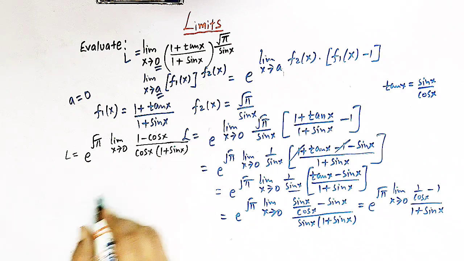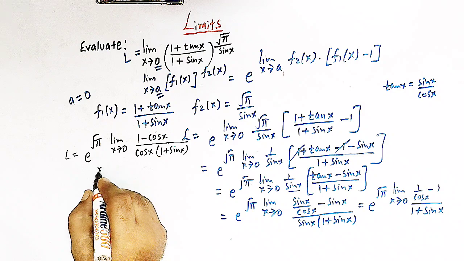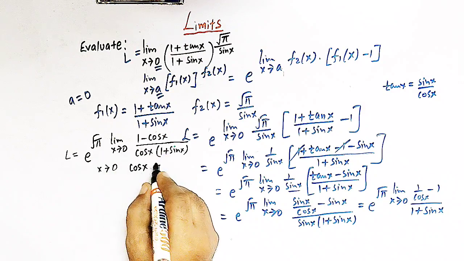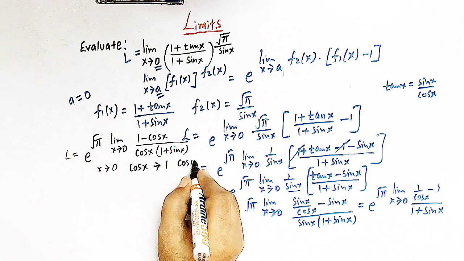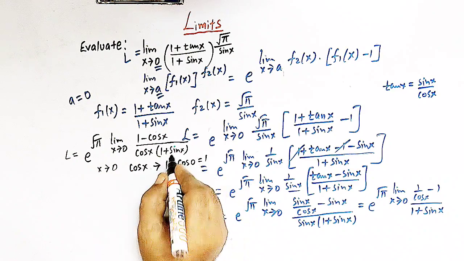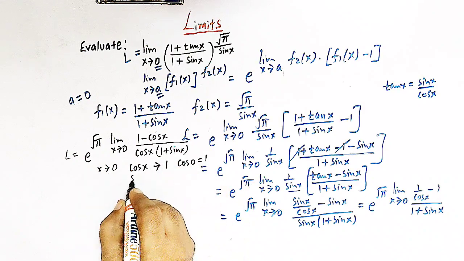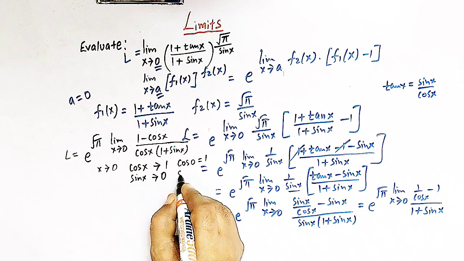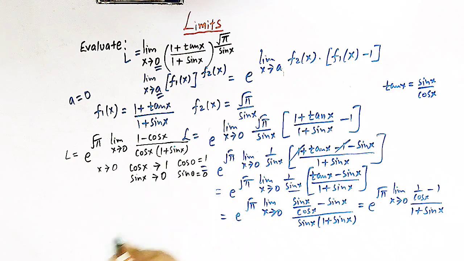Okay, now see, when x tends to 0, then cosine of x tends to 1, because cos 0 is equal to 1, and when x tends to 0, sine of x tends to 0, because sin 0 is equal to 0.